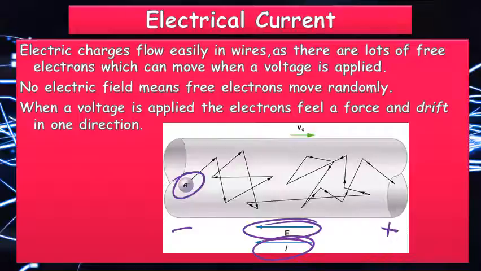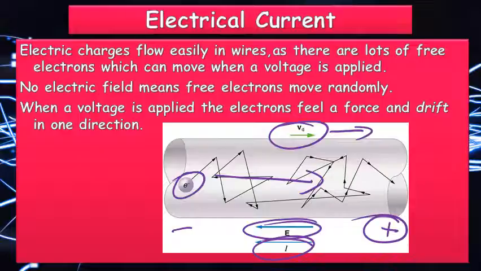Therefore, the electrical field is going from plus to minus when you're considering a positive charge. However, the drift velocity is going in this direction, because the electron, being negatively charged, is going towards the positive.